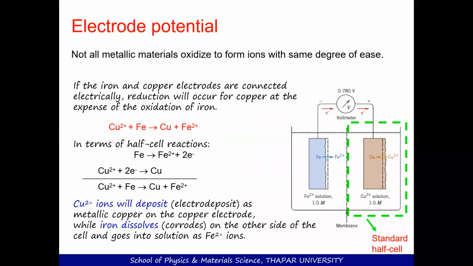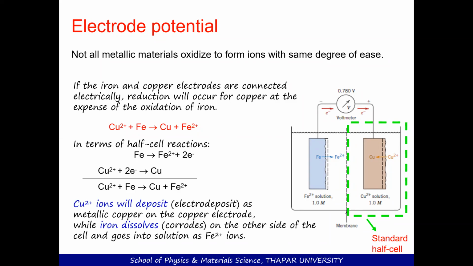Now, generally, to see the strength of an electrochemical reaction, you need to measure a quantity which is called the electrode potential. So how do I know the electrode potential of a metal? To measure that, you need to construct a standard half cell. So what exactly is the standard half cell?